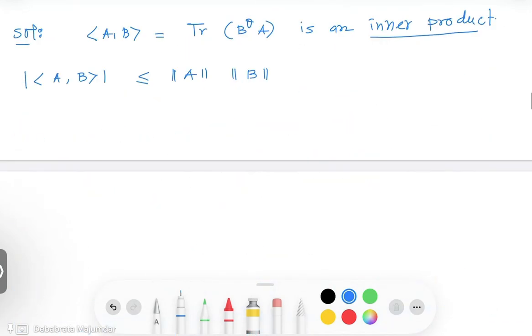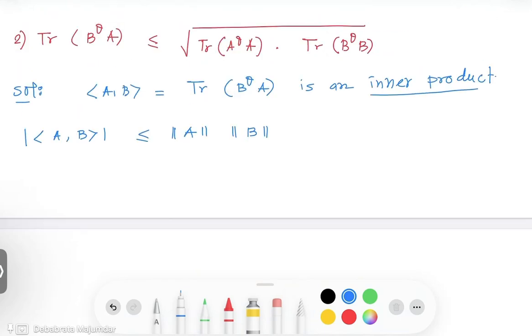Basically this is trace of B theta A, and this is less than, what is this?